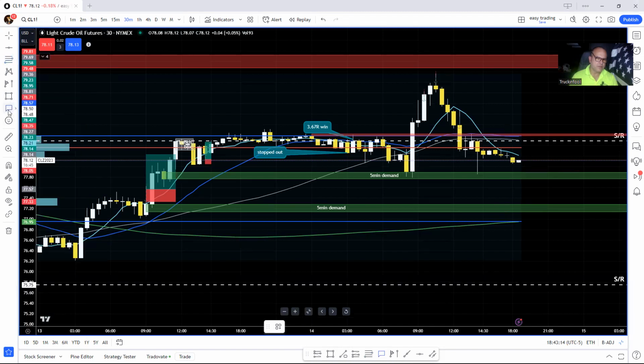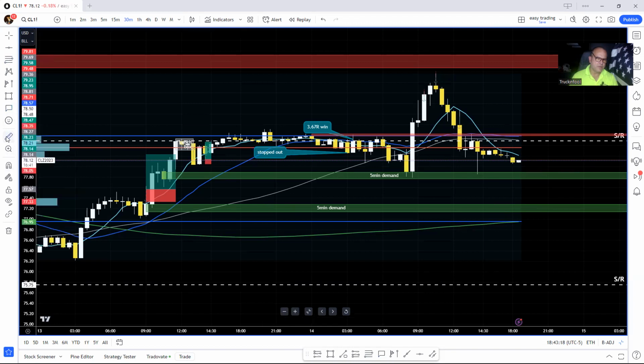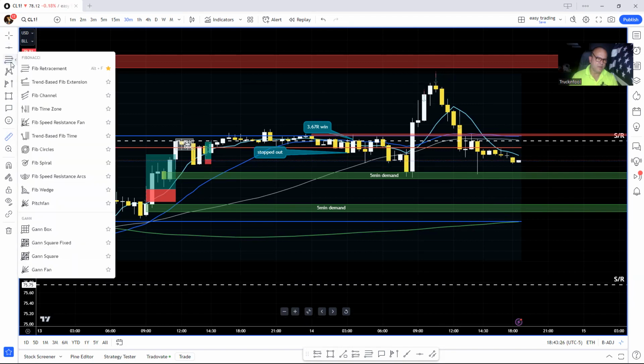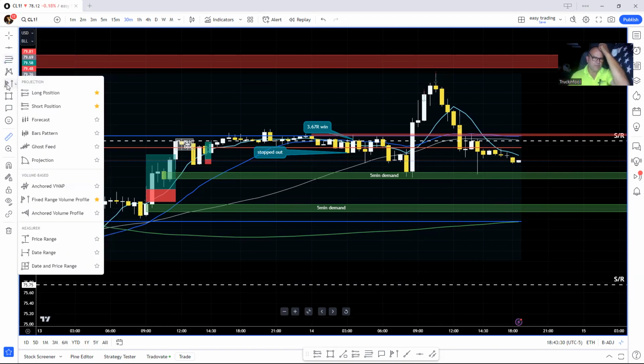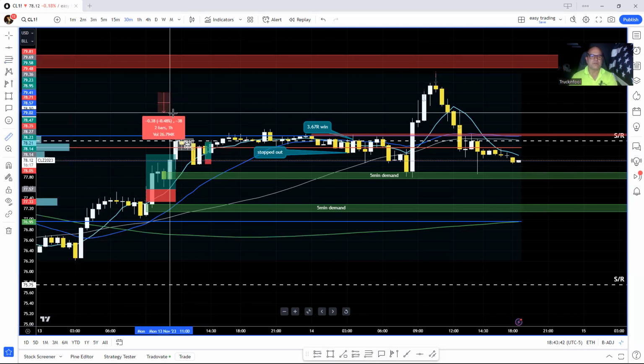I know it is. Oh, there it is. It's just above your drawing tool in your long and short position. It's fixed range volume profile. Like I said, if you favor it, it'll put it down in your toolbar. It's always on your screen.